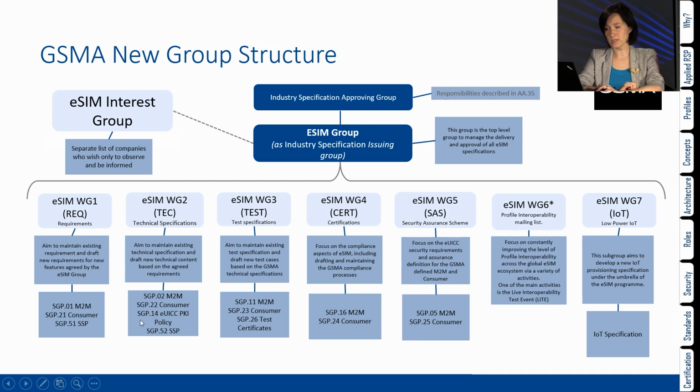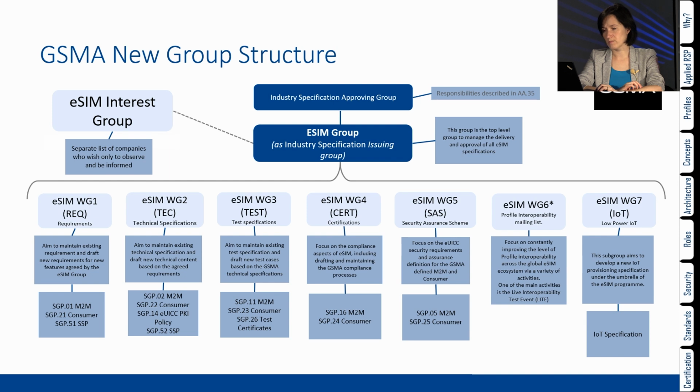Then we have the policy specification, SGP.14, for defining the eUICC PKI policy. I mentioned this briefly while we talked about the certificates and the security aspects. This is a specification defining the policy for the PKI.